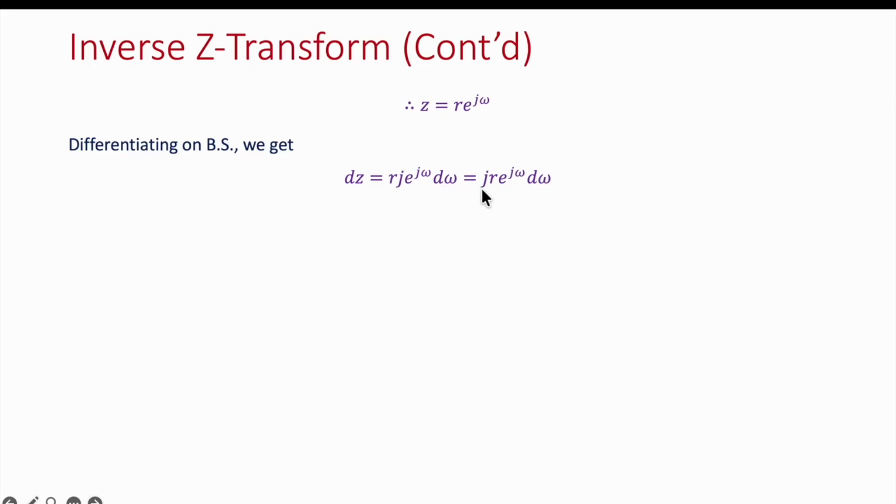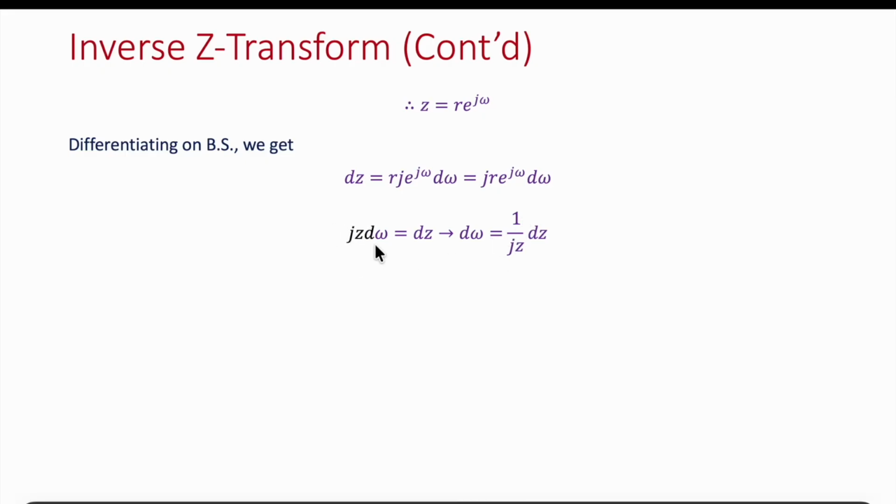You know that r e raised to power j omega is equal to z. So you can rewrite it as j z d omega is equal to dz, or if you want the value of d omega, it will be d omega equals 1 over j z dz.